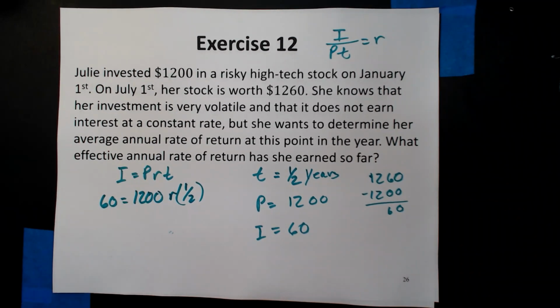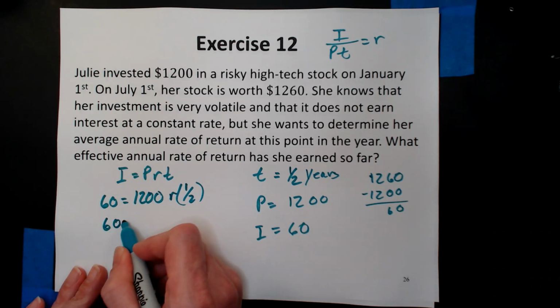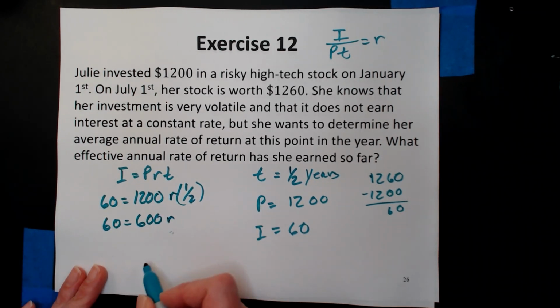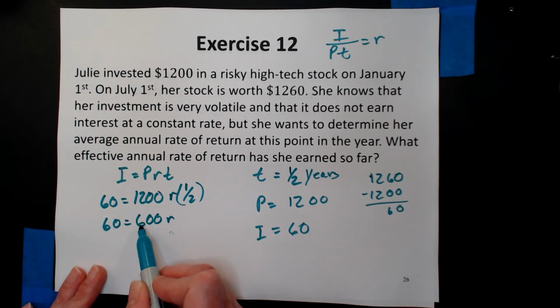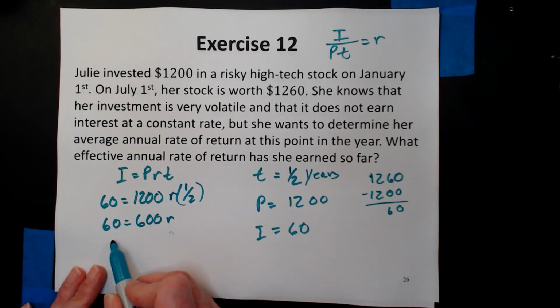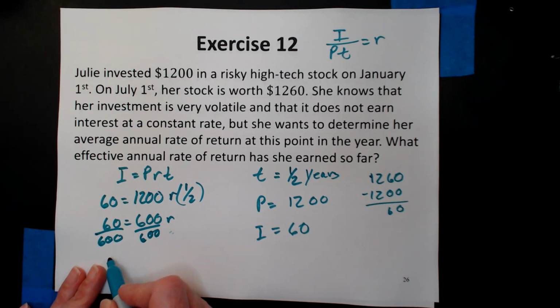Dividing 1200 in half, we get 60 equals 600 R, so we divide both sides by 600, and we get 0.1 equals rate.